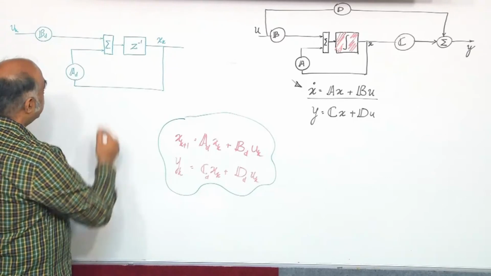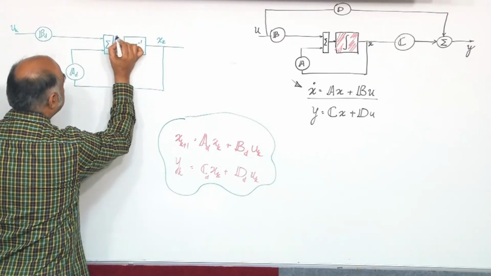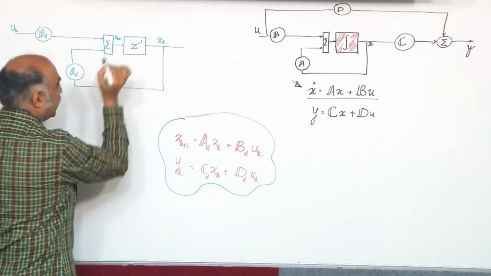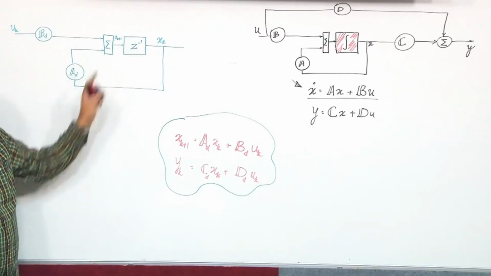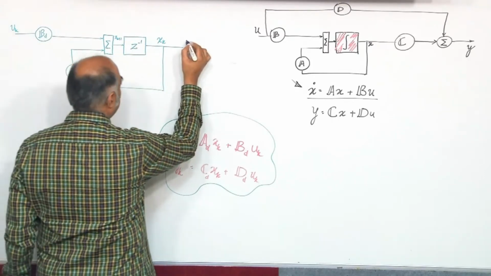So, we are getting it right. This is x of k plus 1. X of k plus 1 passed through unit delay gives x of k.